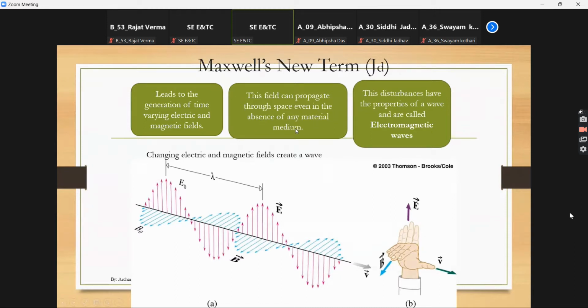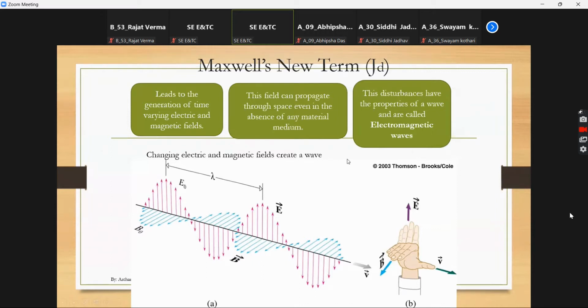Up till now we have studied that whenever there is a current, there is going to be a magnetic field. But Maxwell proved that even though there is no current, that means current is due to the charges, electrons, even though there are no charges in any medium, still magnetic field can be present. That is due to the dD/dt term, which we call the rate of change of electric field.